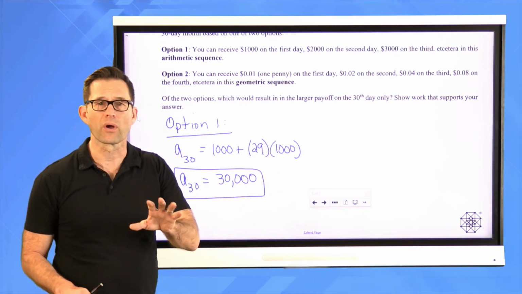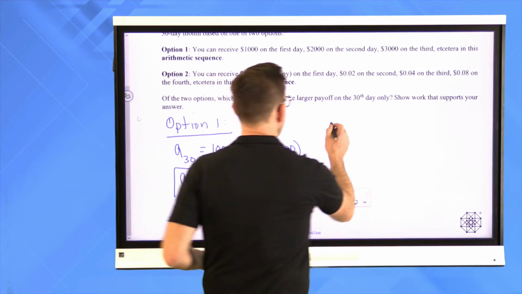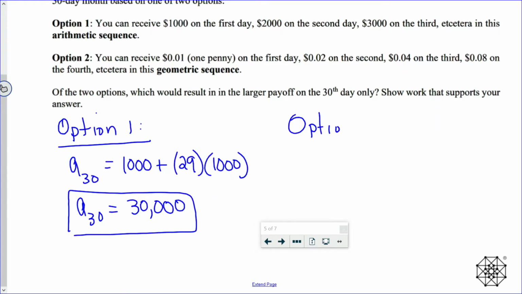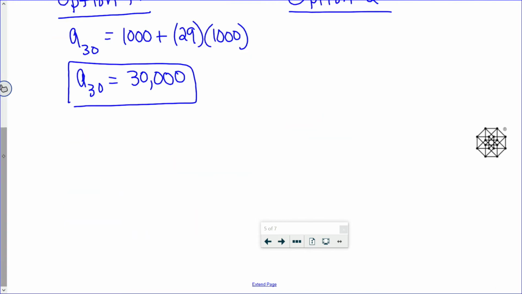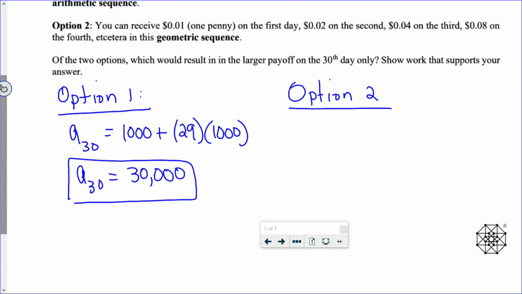Now let's look at the more complicated math. Option 2. Now in option 2, your original amount, let me extend this a little bit. Actually, let me use a different character. We'll go with B. B30 in this case will be my original amount, which is 0.01, times the common ratio.